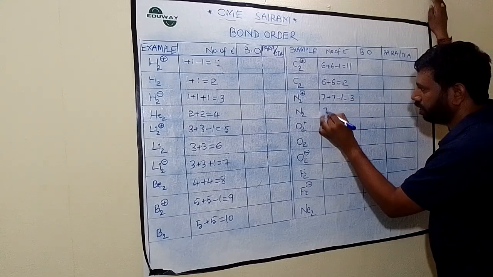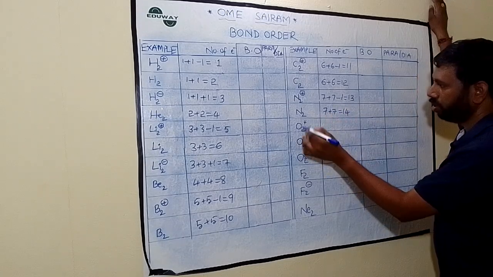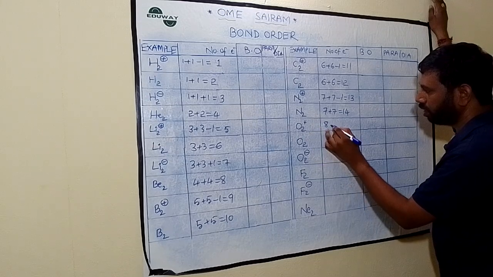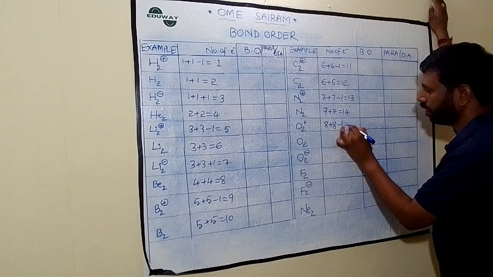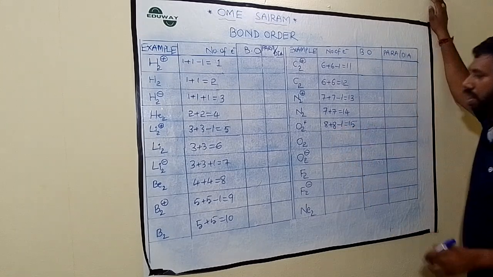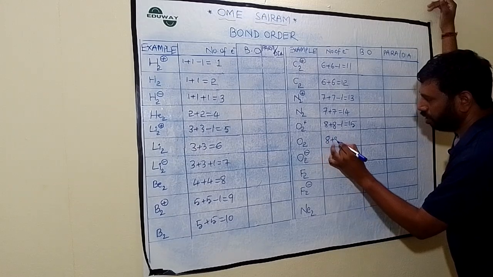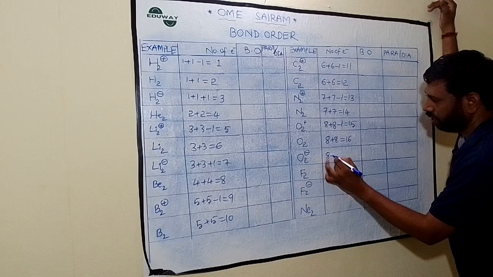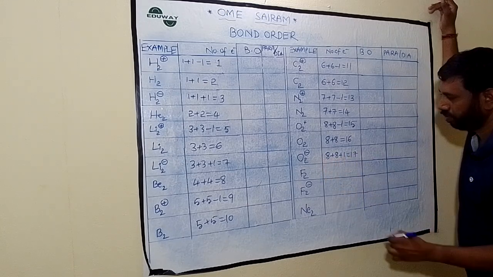Nitrogen molecule, 7 plus 7, 14 electrons. O2 positive charge. Oxygen atomic number 8, there are 2 oxygen atoms, 8 plus 8, 1 positive charge is nothing but 1 electron less, 15 electrons. Next O2, 8 plus 8, 16 electrons. O2 negative charge, 8 plus 8 plus 1, 17 electrons.